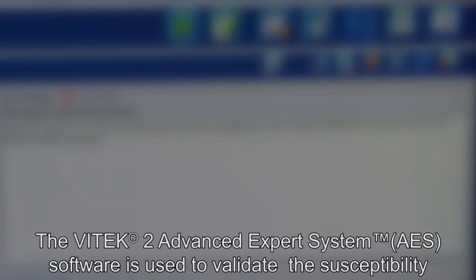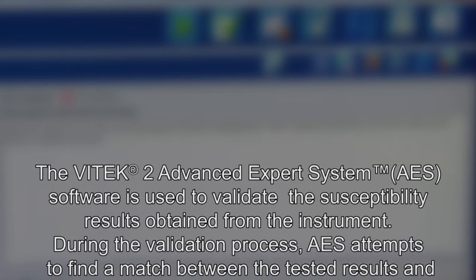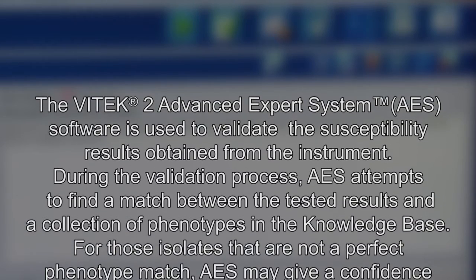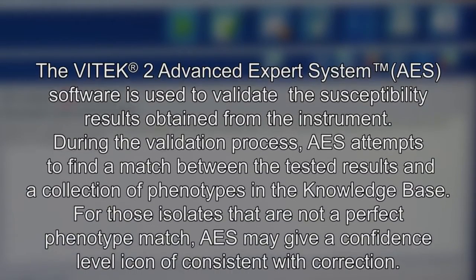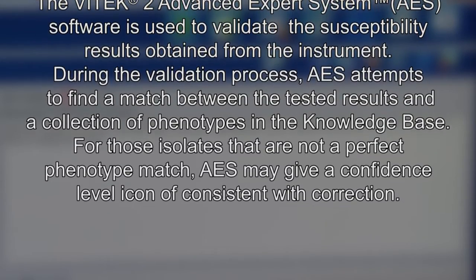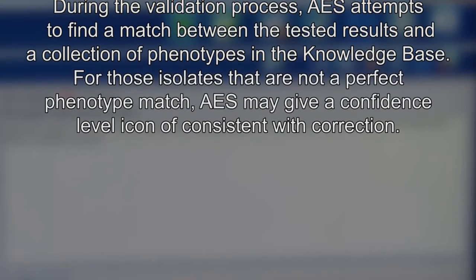In review, the Vitek 2 Advanced Expert System (AES) software is used to validate the susceptibility results obtained from the instrument. During the validation process, AES attempts to find a match between the tested results and a collection of phenotypes in the knowledge base. For those isolates that are not a perfect phenotype match, AES may give a confidence level icon of inconsistent.